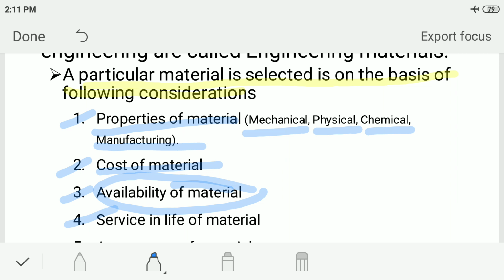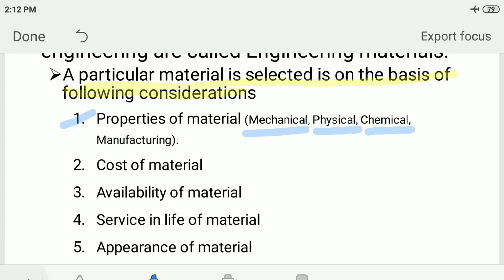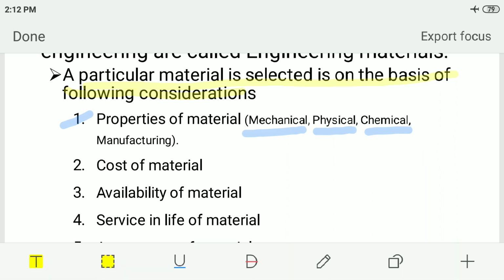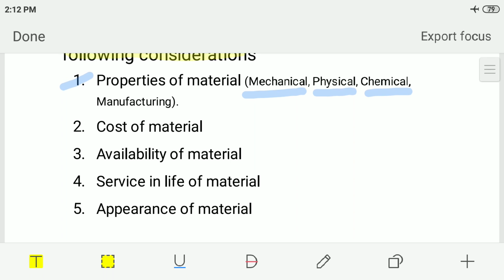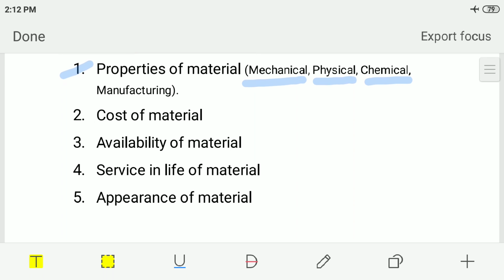Service life plays a very important role while selecting the material. The next parameter is the appearance of the material, which plays an equally important role as the previous factors.